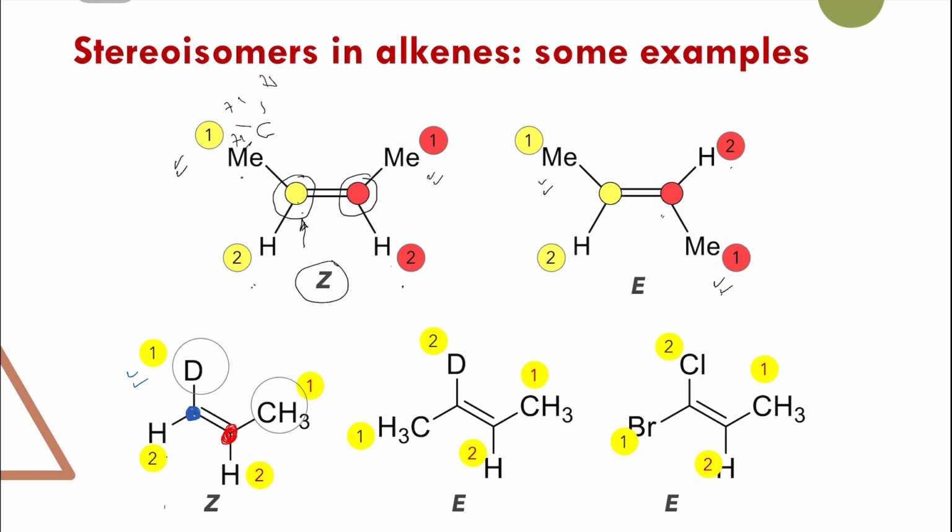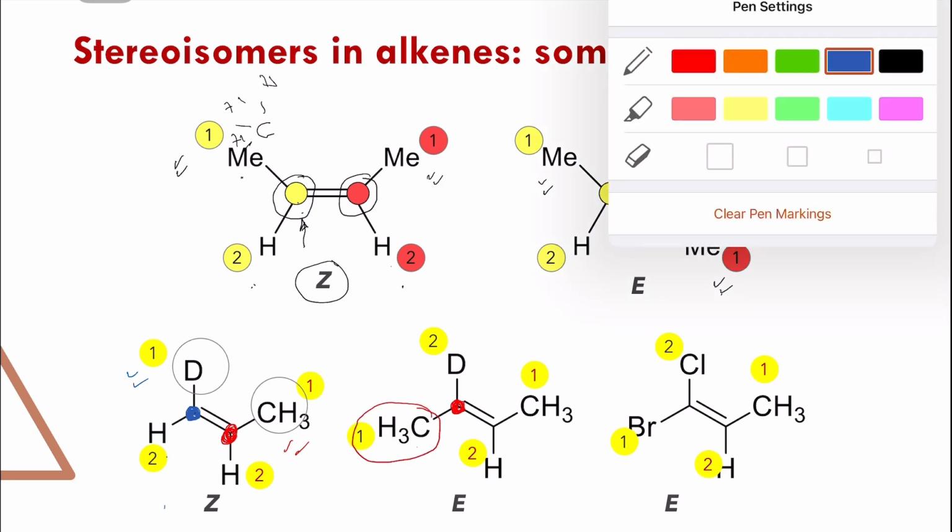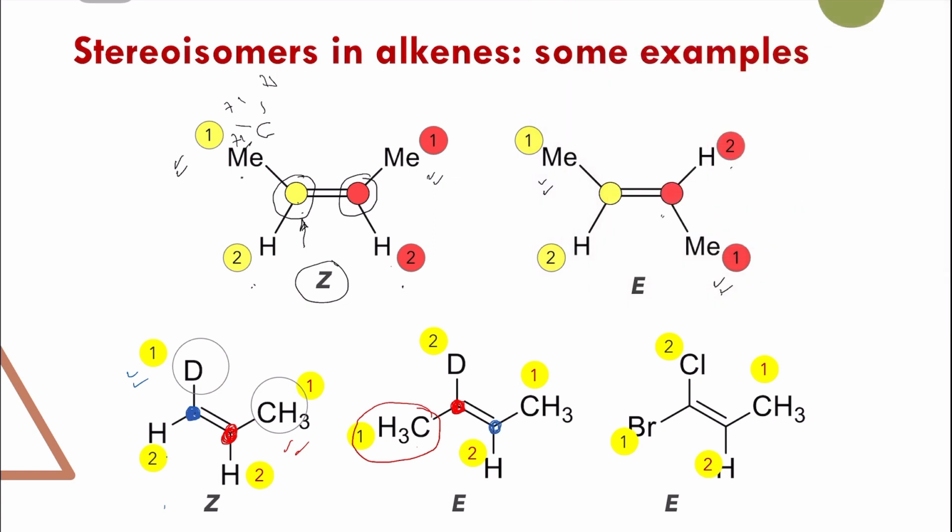The two groups which are given the priority are on the same side, so it's a Z. The other one: I have the red carbon here, it has deuterium and methyl. Methyl is given the priority. The second carbon, which is blue, has a hydrogen and methyl, and methyl is given the priority. So the two groups which are given the priority are on opposite sides, so it's going to be E.